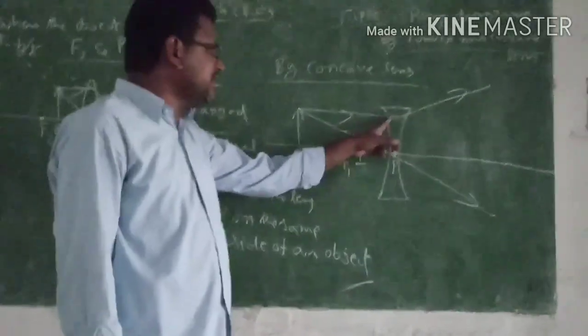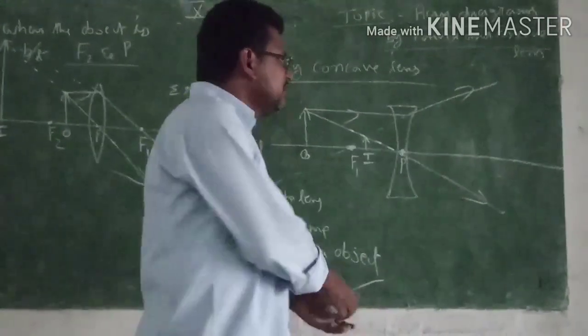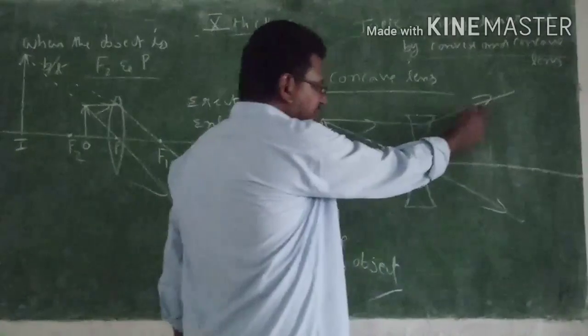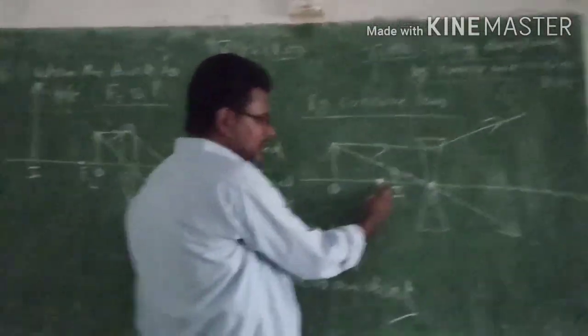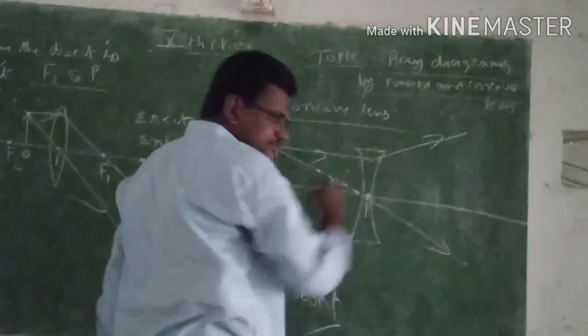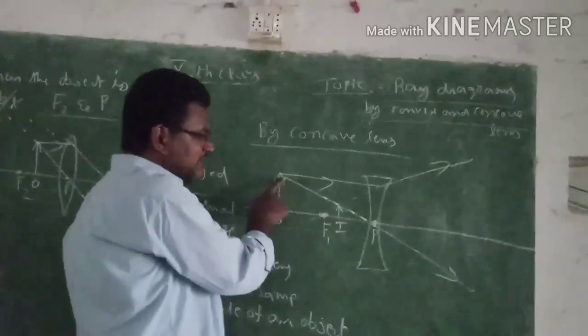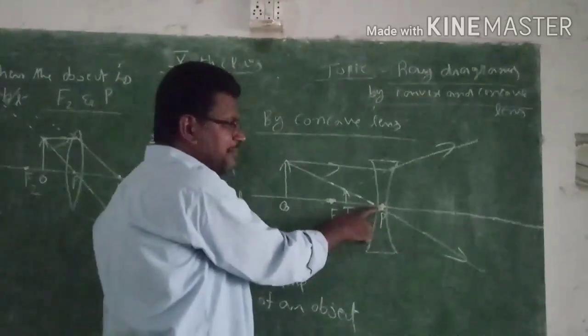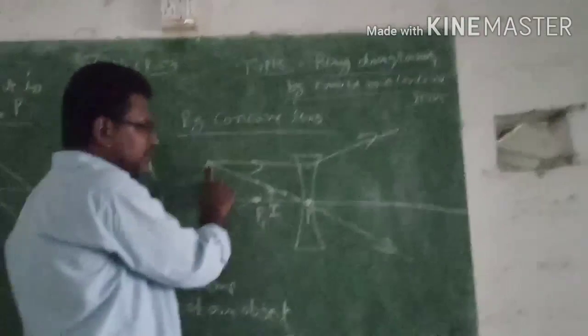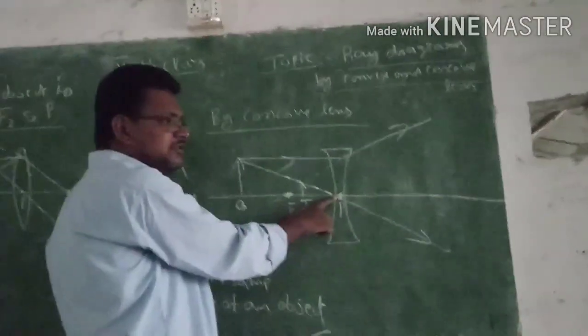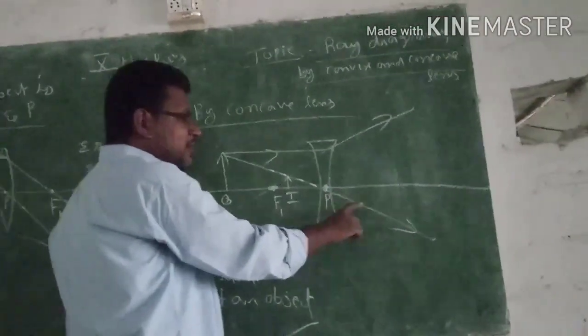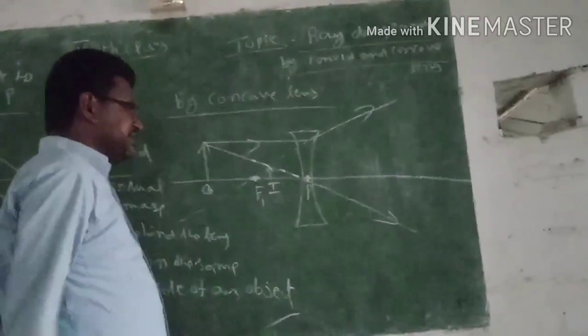It is incident parallel to the principal axis on the concave lens. After refraction, it refracts as if it is coming from a focus. Let's take another light ray which is passing through the optic center. When light is incident at the optic center, without any deviation, it passes in the same direction.